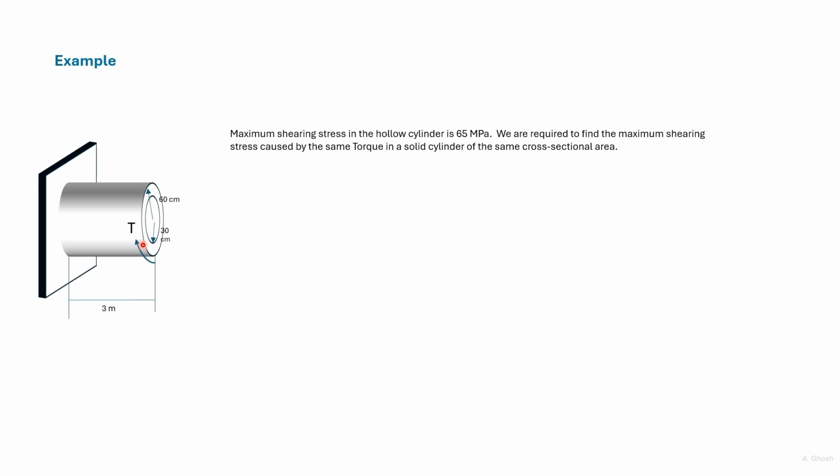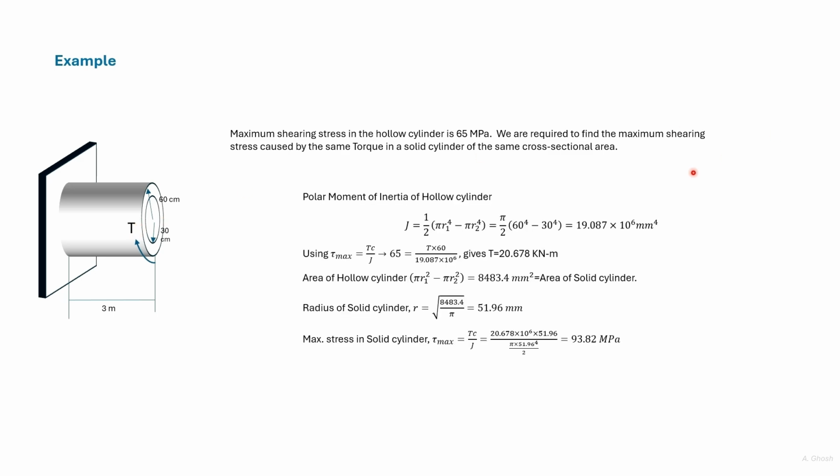So to start with, we'll find out the torque that is being applied in this hollow bar. Given that we have the dimensions, we find out J. We also know tau max. So from this equation, we find out the torque acting. Now this same torque will act on the solid bar. The volume of the solid bar is the same as the hollow bar.